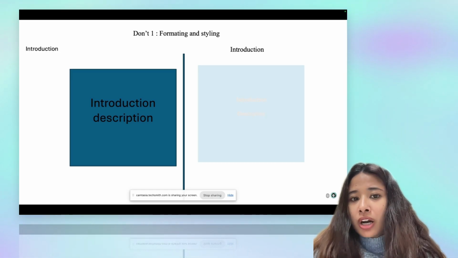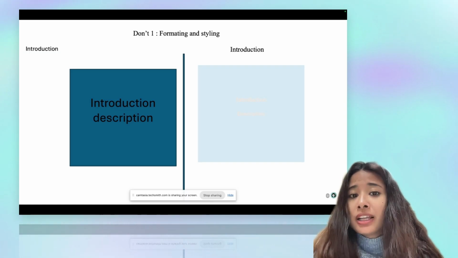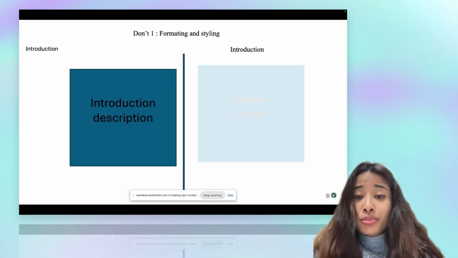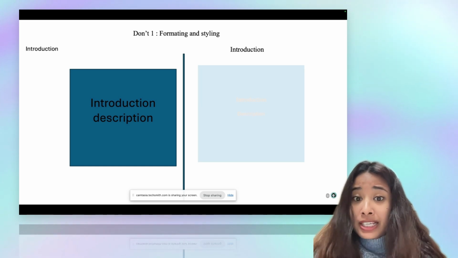We always try to make our slides beautiful, and when we do, we add a lot of colors, and it ends up being something like this. So this is one example which we should really avoid.